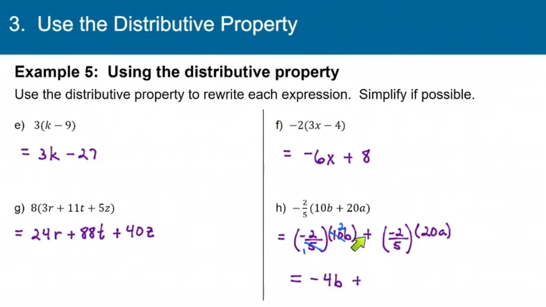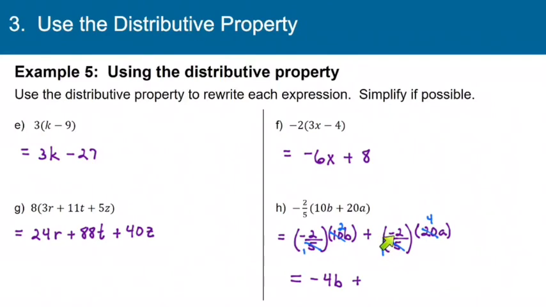Then we have plus. Now for this second multiplication, we have negative 2/5 times 20a. Again, notice that the 20 in the top and the 5 in the bottom can both be divided by 5. If we do that, 20 divided by 5 would leave 4. And 5 divided by 5 would leave 1, which is good news because now the denominator is just 1 and we won't need to write it.